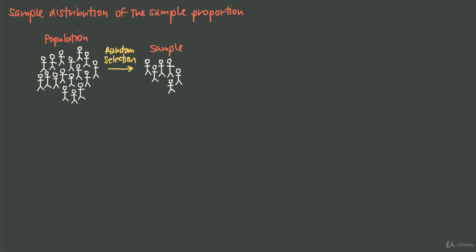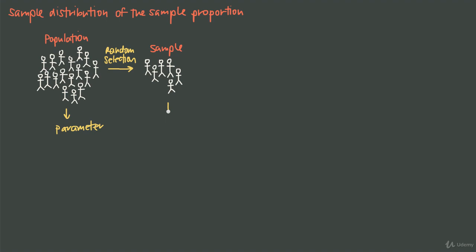Now, what we're interested in is some parameter value for the population. This could simply be a proportion of the population, a population proportion. It could be the mean, it could be the standard deviation, but there's some characteristic about the population that we want to find. But since we can't ask everybody, we take a random selection in order to get our sample.